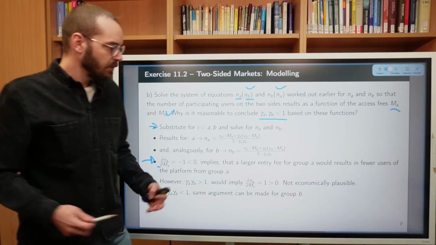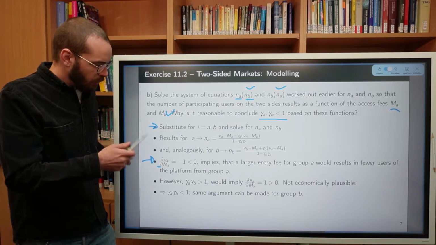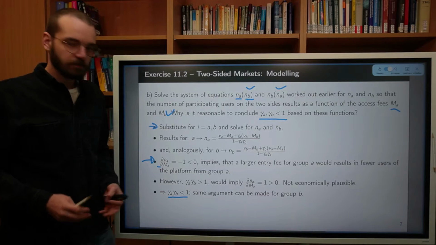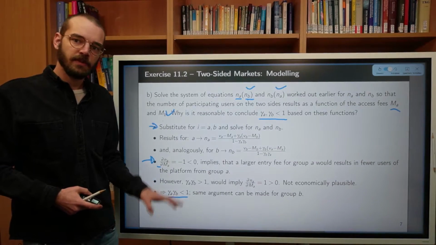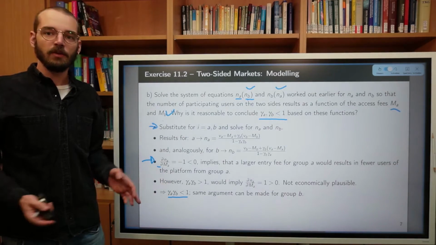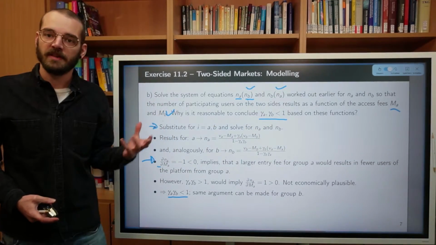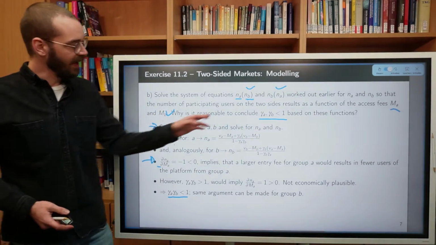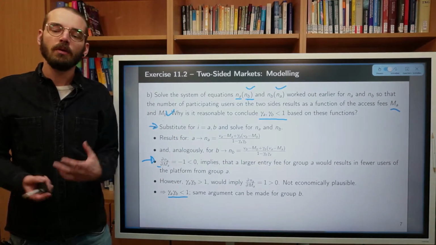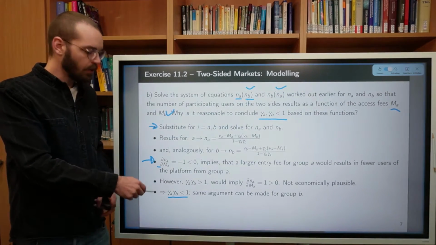So economically not plausible. So what we need is that this product stays smaller than 1, and this can only be guaranteed if both of these parameters are smaller than 1 individually. As soon as we allow for one of them to be bigger than 1, we can no longer exclude a case where this product overall is larger than 1.